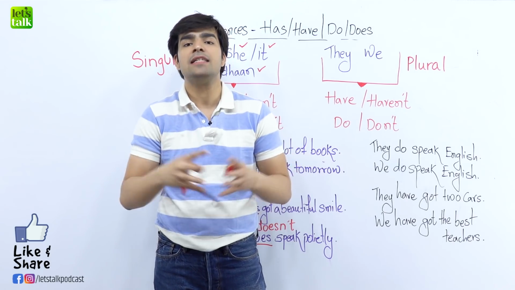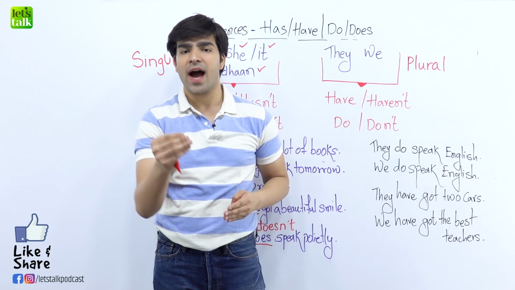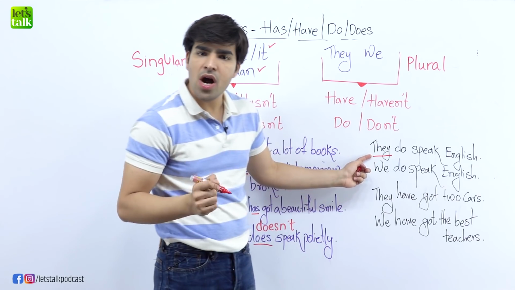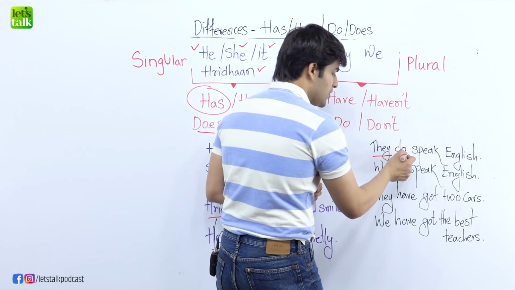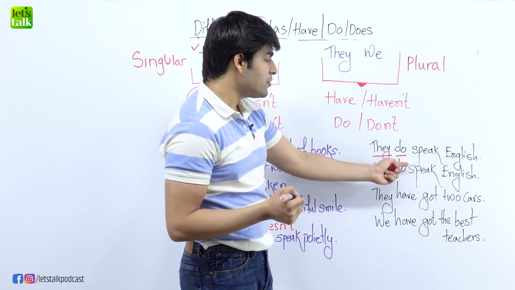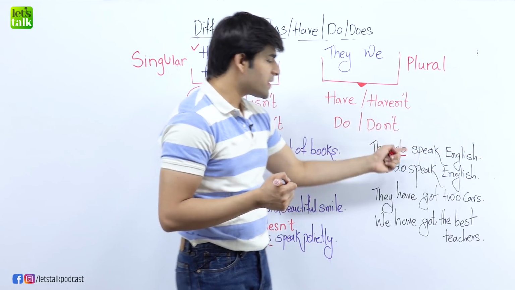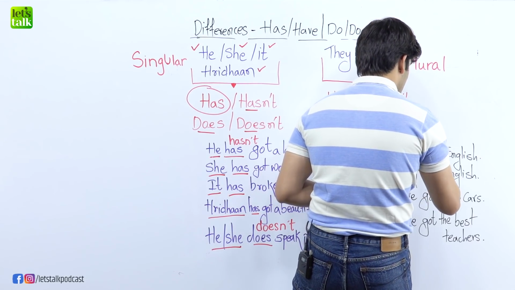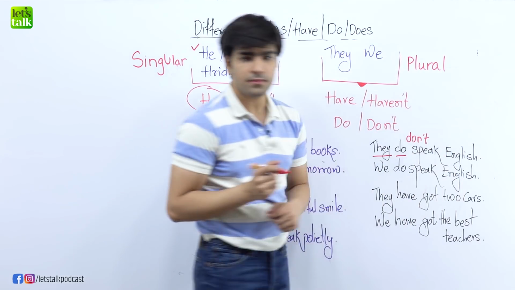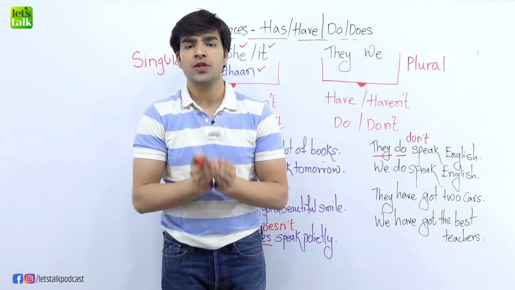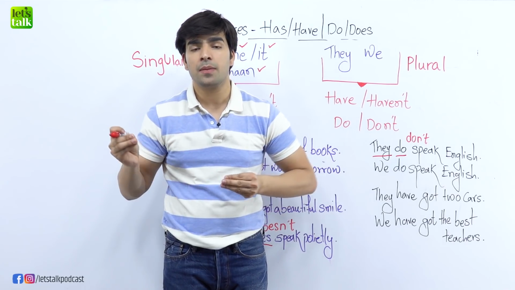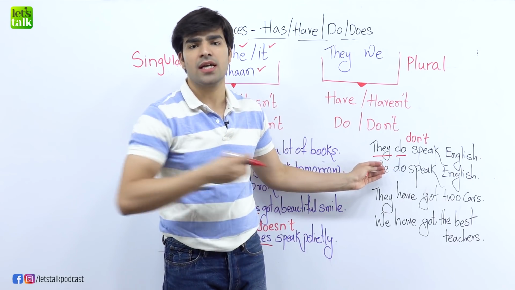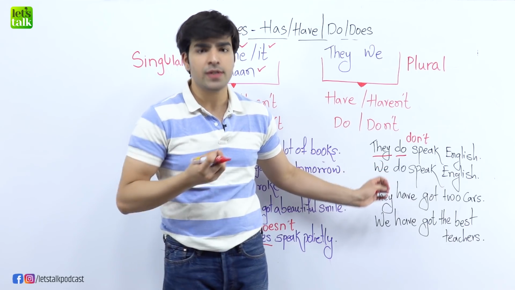He has an entire team with him, and that team is referred here as they. So with the plural word they, we use do. They do speak English. What is the negative of this? They don't speak English. With they, we always use the plural form of the verb, and that is they don't speak English, or they do speak English.